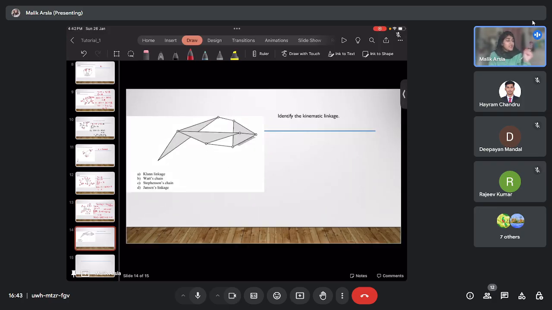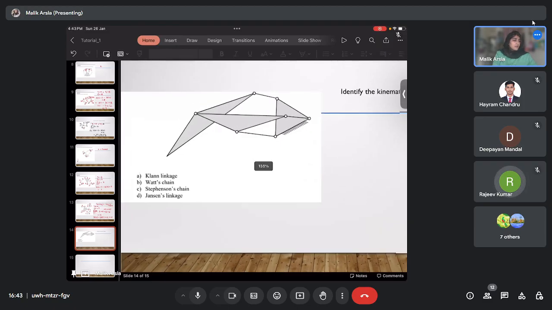Now coming to the last question, identify the kinematic linkage. What is this kinematic linkage? Can anyone tell? Don't start googling it, okay? Ma'am, can you enlarge it? Actually, it is not visible clearly. Is it visible now?